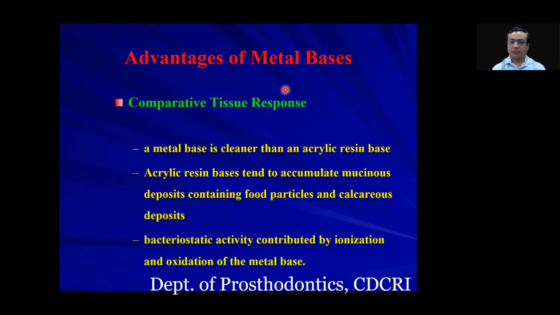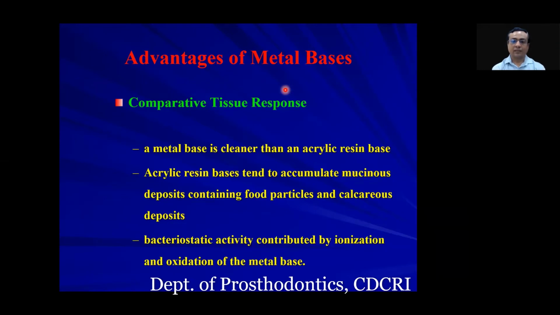Metal has a property of good luster, and once you have given it a polish, it will retain that polish because it is not easily abraded. So it will not easily accumulate plaque and calculus, which is one of the possibilities with acrylic denture bases.